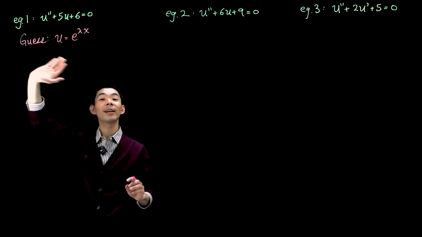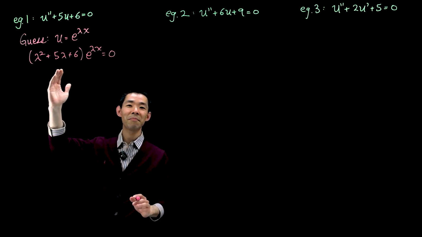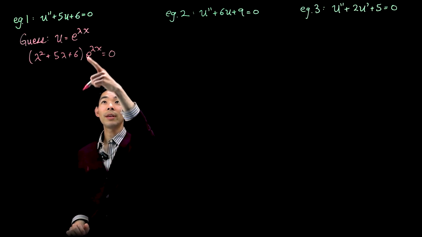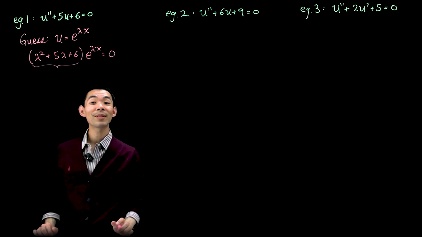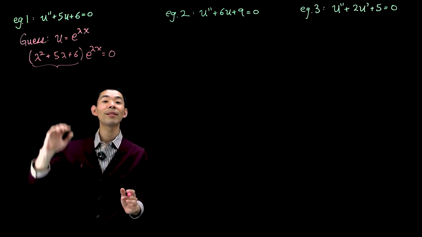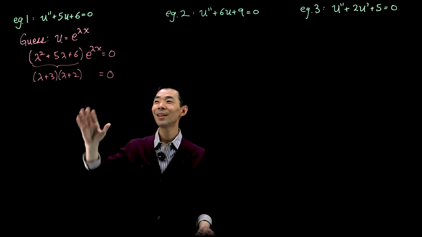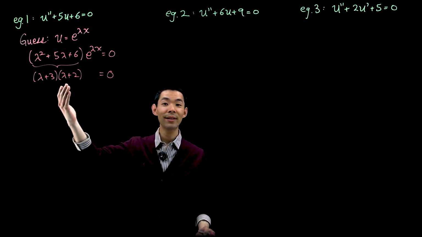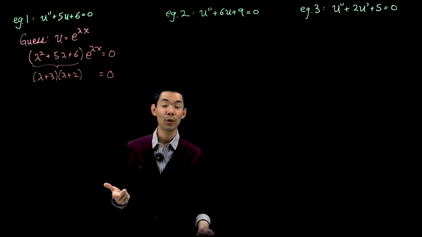We plug this solution back into our equation. We get this. The exponential here can never be equal to 0, which means that the terms inside the parentheses must add to be 0. We could just factor out common terms here. Therefore, we conclude, based on the characteristic equation, that the two eigenvalues are -3 and -2.